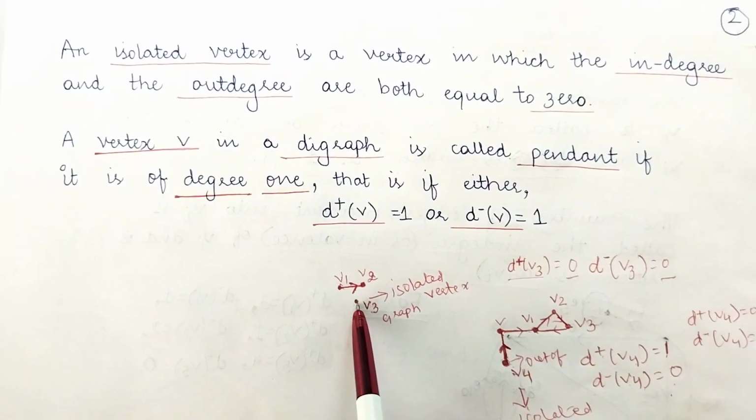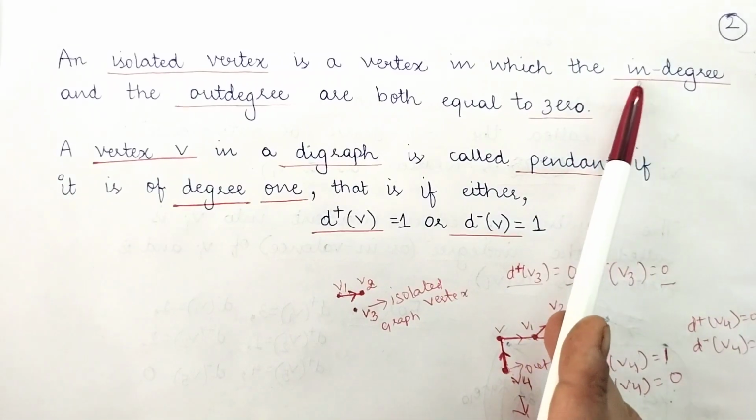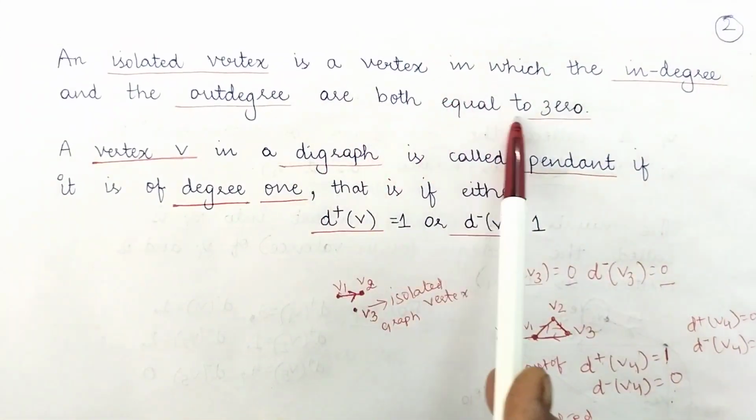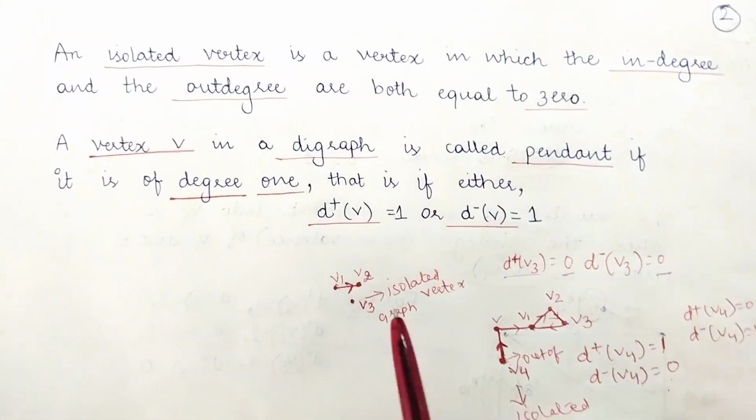It would be 0. Similarly, if I want to find out the out degree of vertex v3, what would be its out degree? It would be 0 again. So an isolated vertex always has the in degree and out degree both as 0. So if you find any such vertex whose in degree and out degree are both equal to 0, you can say that it is an isolated vertex.